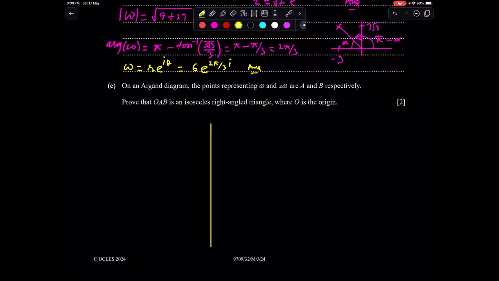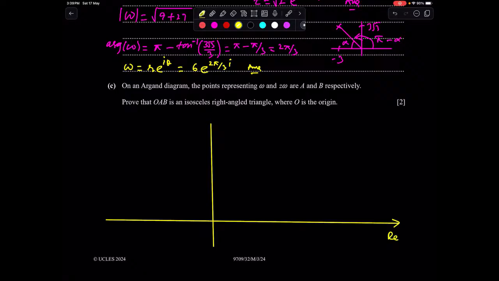So first sketch both the complex numbers. So this is minus 3, omega.